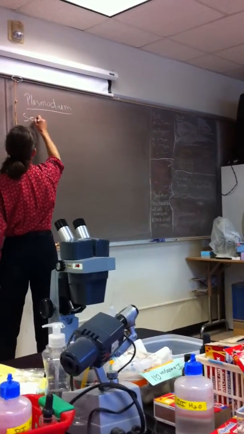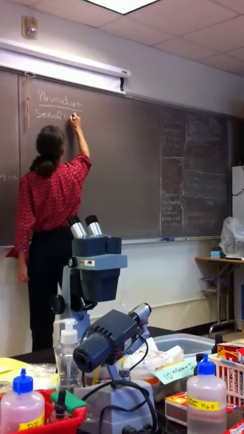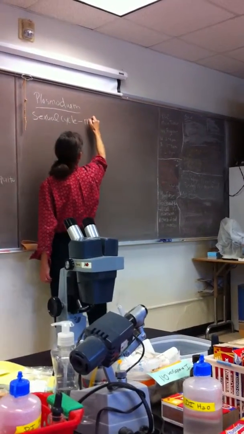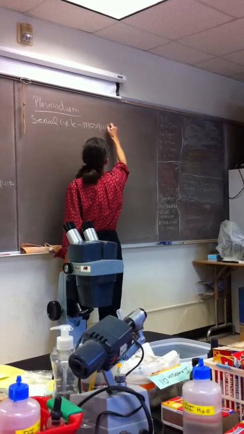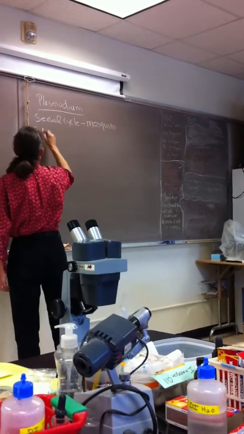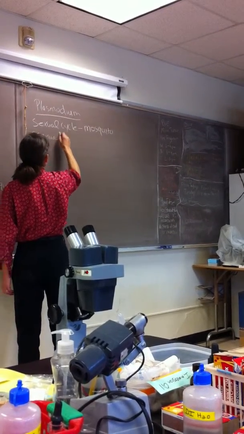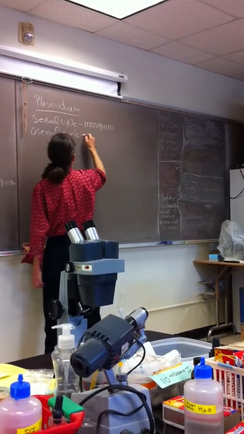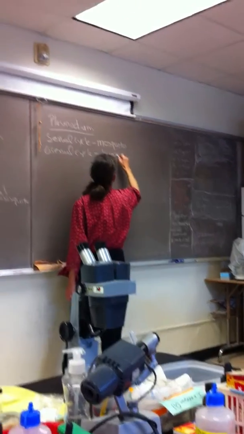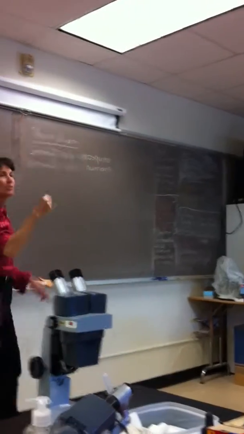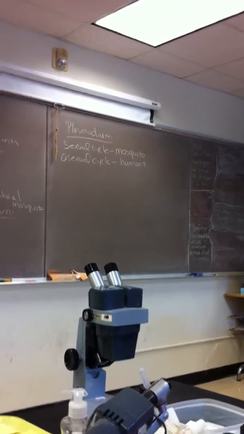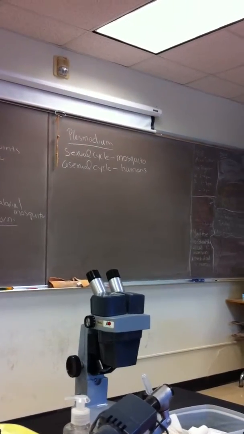The so-called sexual cycle occurs in the mosquito, believe it or not. Then it has the asexual cycle, where it reproduces asexually, and that occurs in us, in humans. Again, I'll just cartoon the major steps that are on your handout.